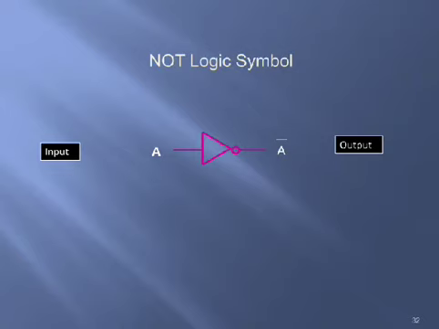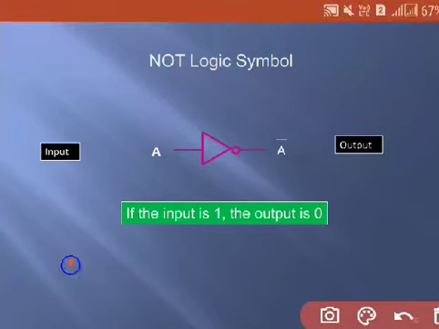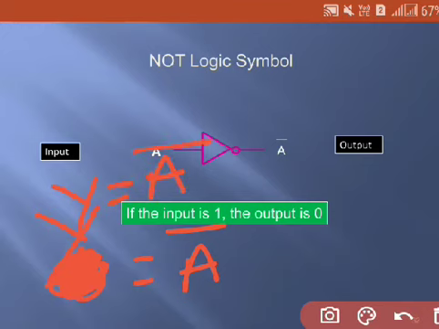So the symbol is like this. It will have only one input, let us say A, and the output of the NOT gate will be equal to A bar. Instead of expressing the output as A, you can consider Y. So Y is equal to A bar is the output expression of the NOT gate.